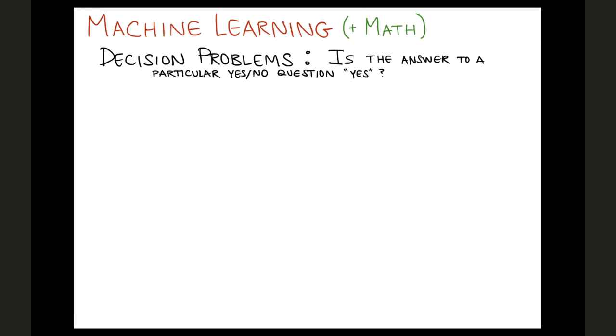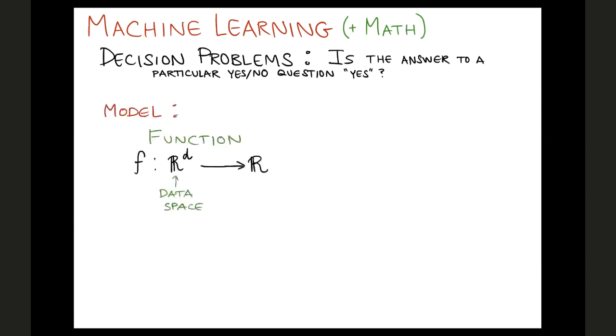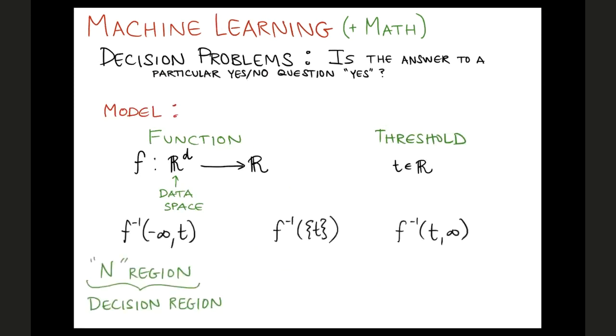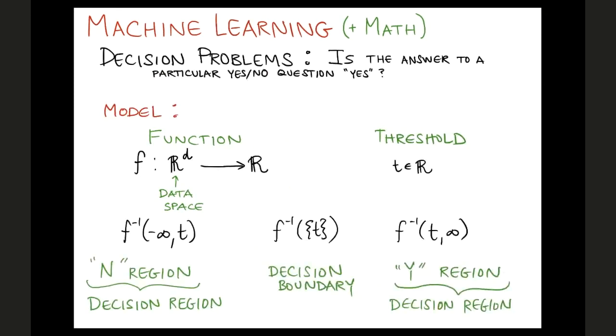Then you might model this by constructing a function on your data space, and you have some threshold above which you classify the email as spam, and if it's below that threshold, you classify it as not spam, and then there's this decision boundary. This slide is just really to introduce this terminology of the decision regions and the decision boundary of a decision problem, which is coming from some machine learning problem, some modeling problem where you're trying to construct a function to answer a decision problem.